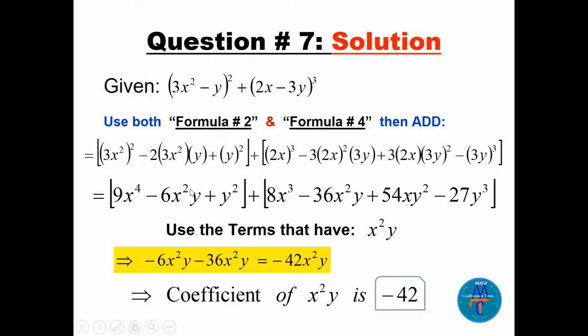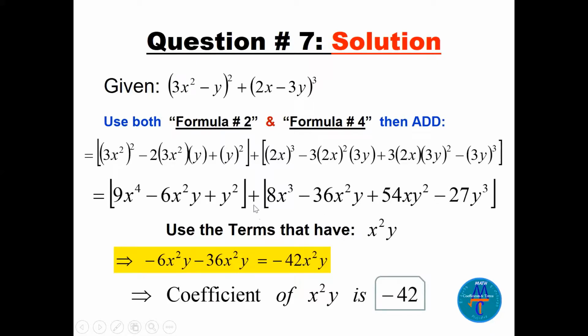Formula number 2, the first one squared: 9x power 4, minus 2ab, this times this with the minus 2, so minus 6x squared y, plus this one squared. Now for the cube, you can check formula number 4: a cubed minus 3a squared b plus 3ab squared minus b cubed. When you simplify, you get these numbers. Now let's look for x squared y. This is x squared y, I need it here, and this is x squared y, I need it there.